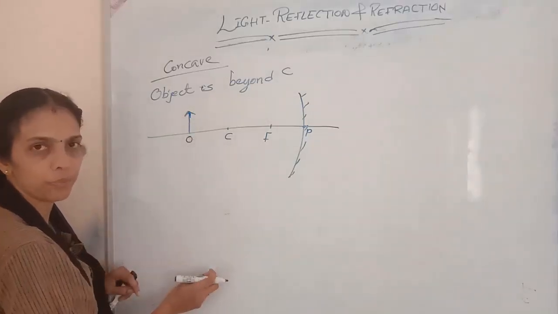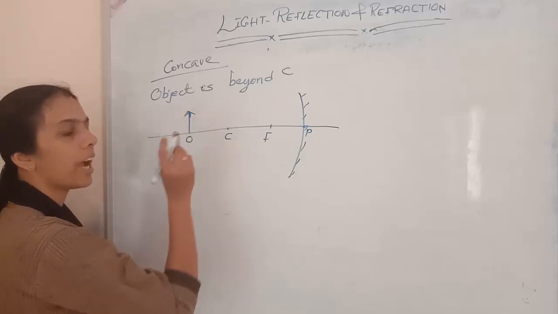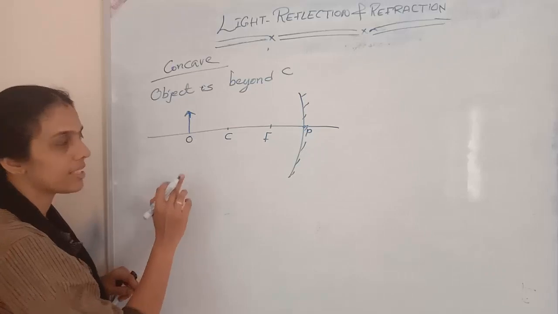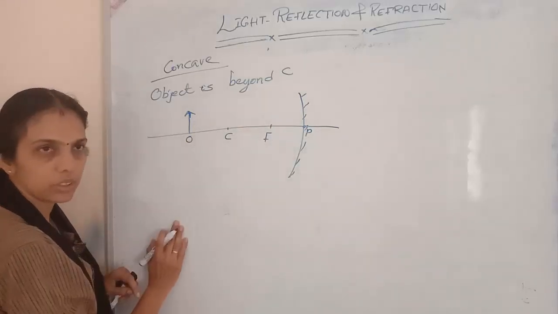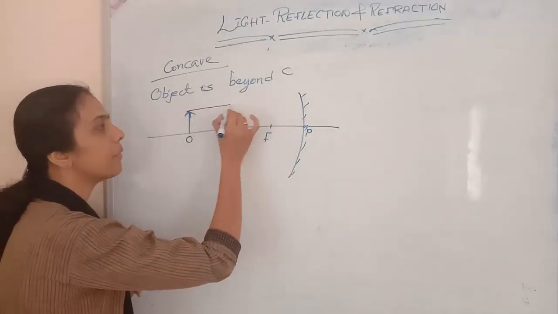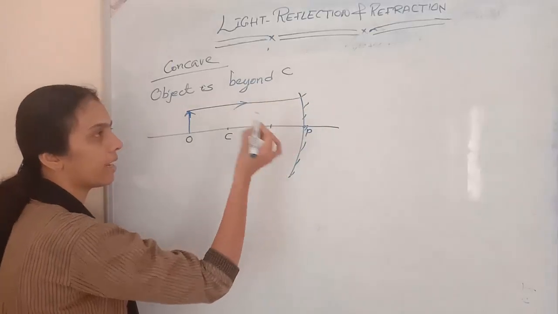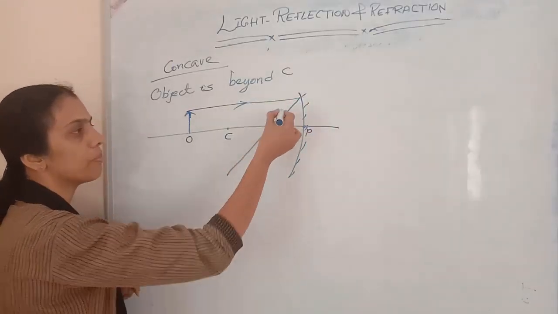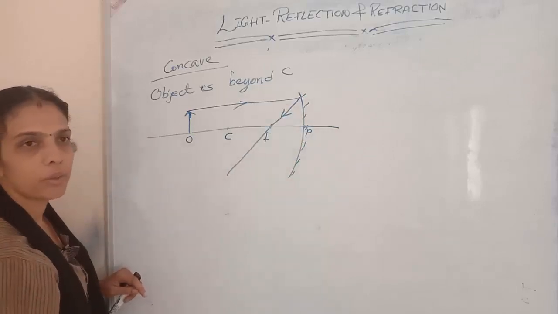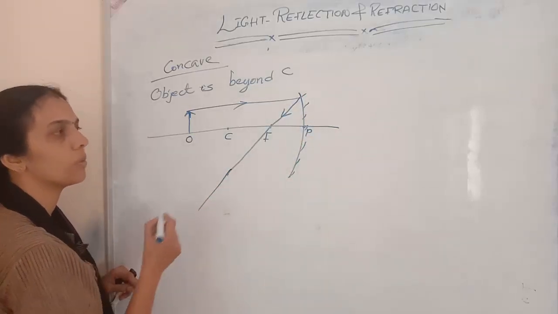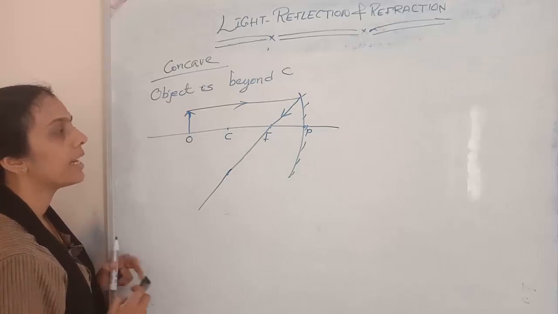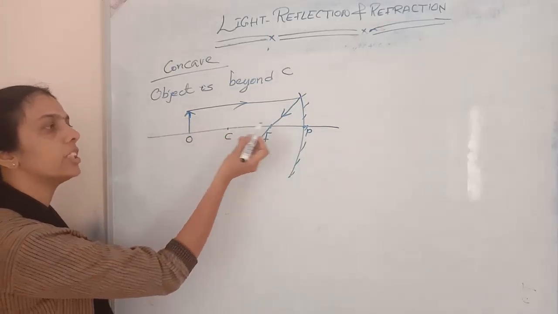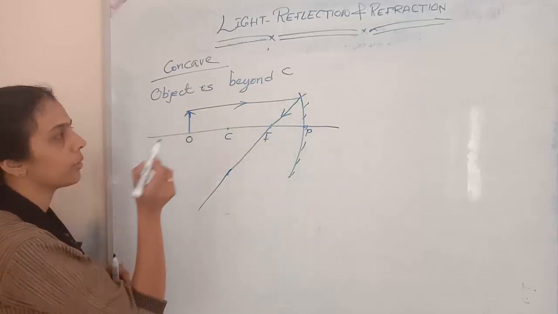Mark that also. Now take any two rules which I told in the previous session. I am taking the ray which is passing parallel. After reflection it will pass through the principal focus. Okay, so that is one rule. The next one, the ray which is passing through the center of curvature or principal focus, any one you can consider.